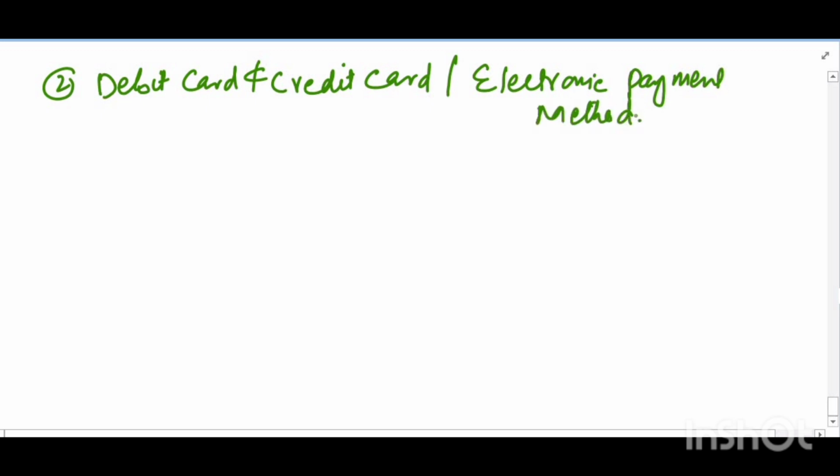This is the second method through which you can pay for the thing you are purchasing.